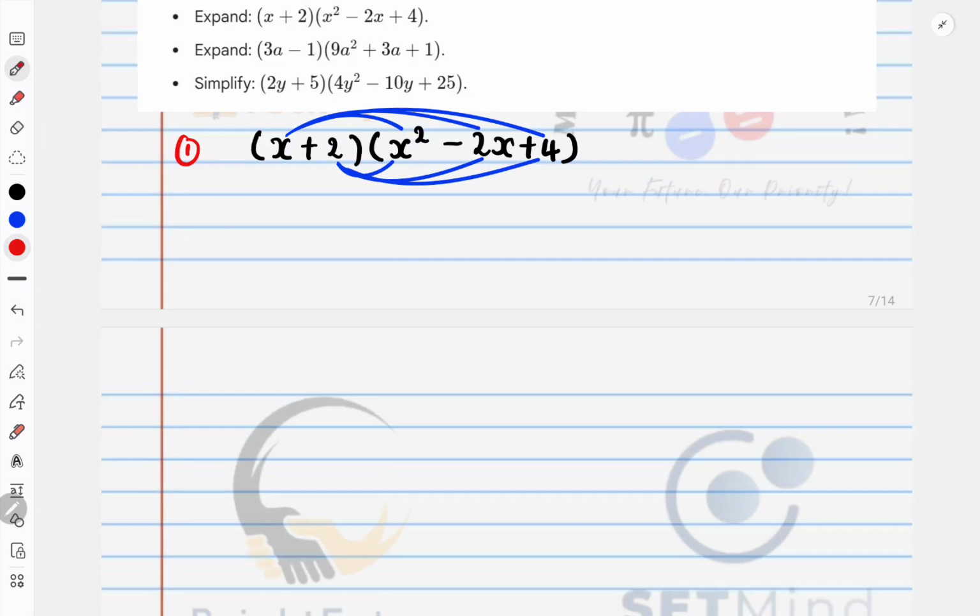x into x squared, we will have what? x cubed. x multiplied by negative 2x, we'll have negative 2x squared. Be careful of the signs.